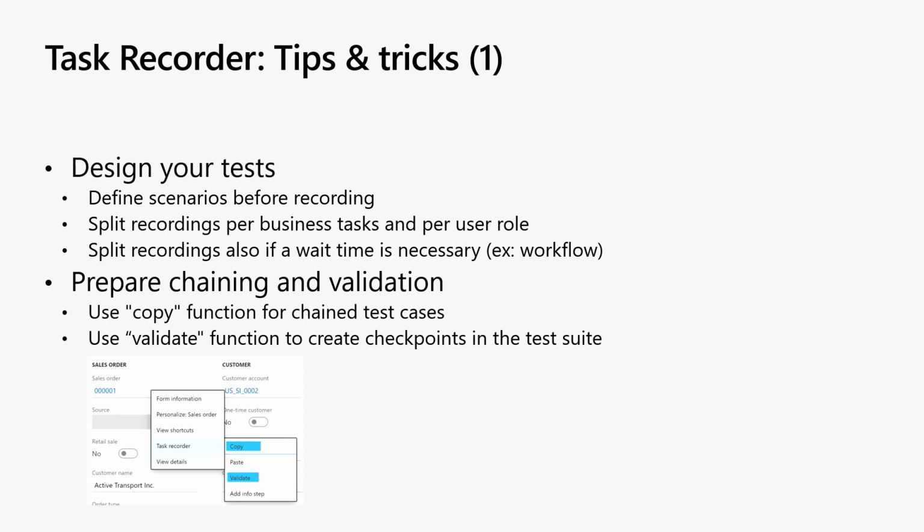Another important element to take into account is that we are providing you a parameter which aims to pause the recording, which can be useful for workflow testing. Let's take an example. You have a purchase order. One of the users has to request an approval, which is an automated approval based on some rules, but the workflow has to run behind the scenes.